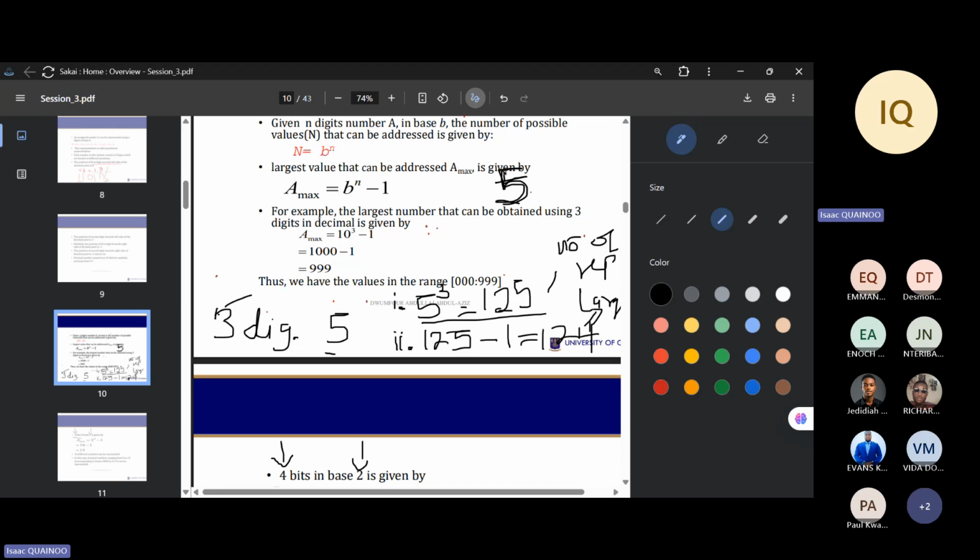In this scenario, we don't know the specific digits. This is how the question will look: you will just be told that in this particular number system it has 4 bits, and the base or the radix is 2. They could alternatively say binary, decimal, whatsoever, but when they say decimal, you know the base is 10.